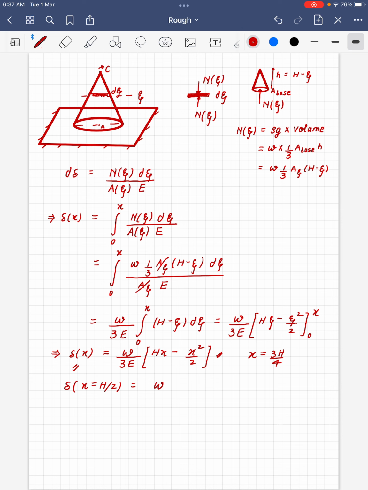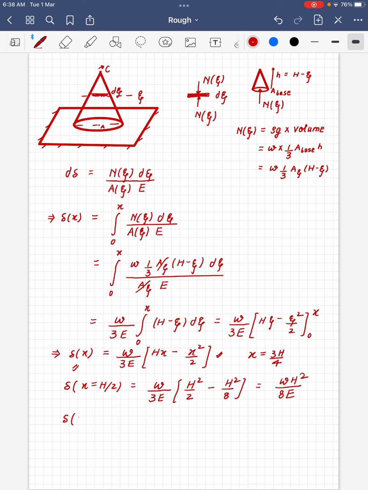So it will be W by 3E into (h square by 2 minus h square by 8). So it will be W h square by 8E.